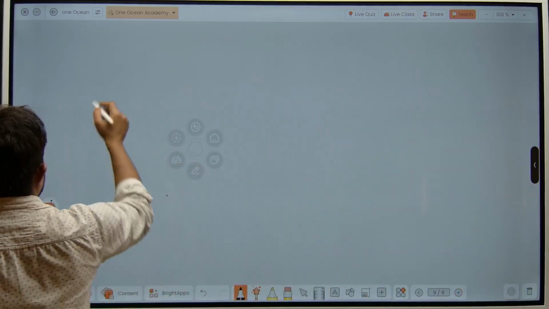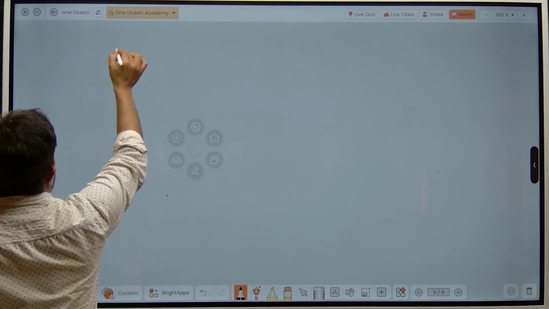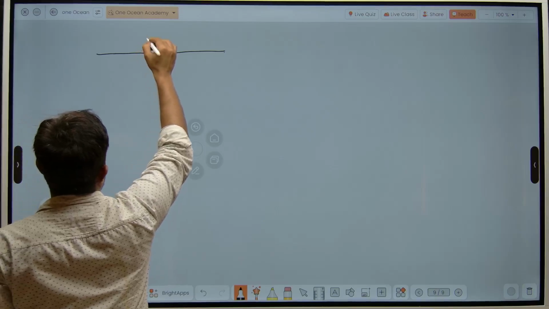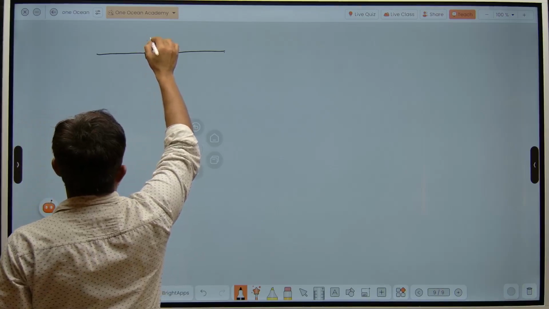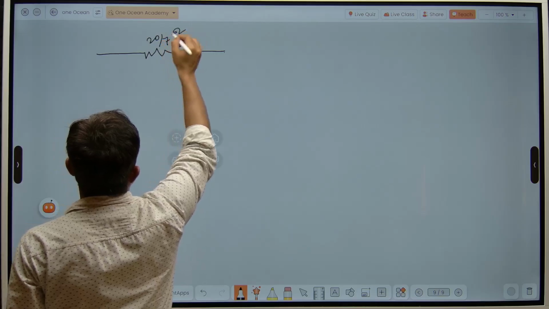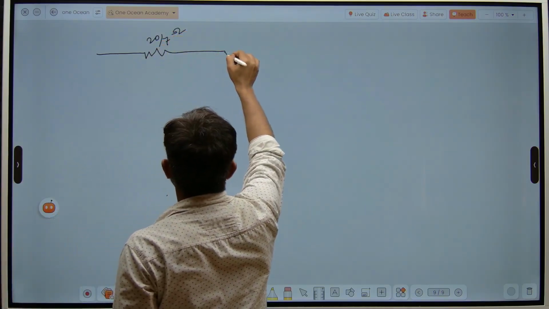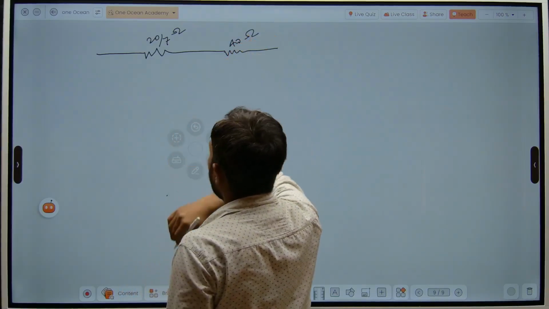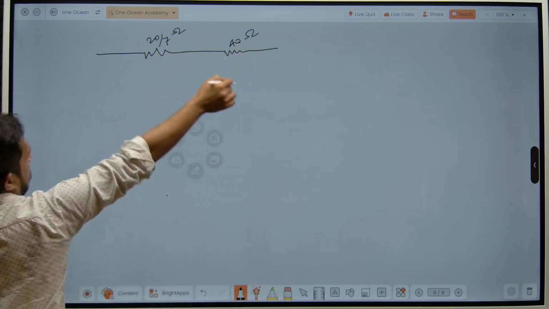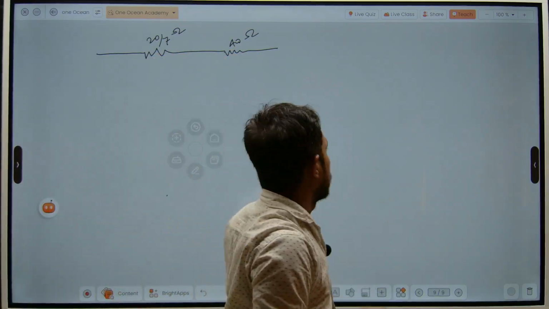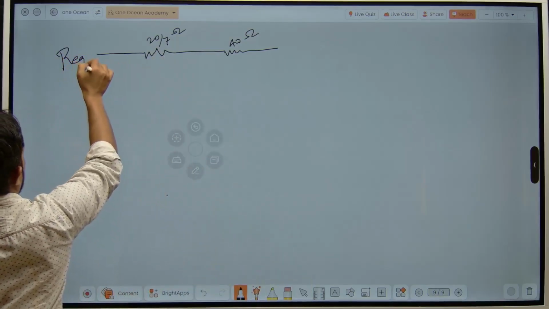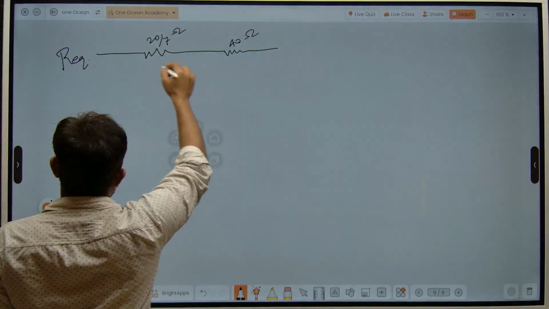So the equivalent resistor, let us say this is the 20 upon 7 ohm resistor, and this is a resistor of 40 ohm. Okay. Now, this becomes two resistors in series connection. So, R equivalent for such type of resistors, this is a series connection. So, R equivalent is what?